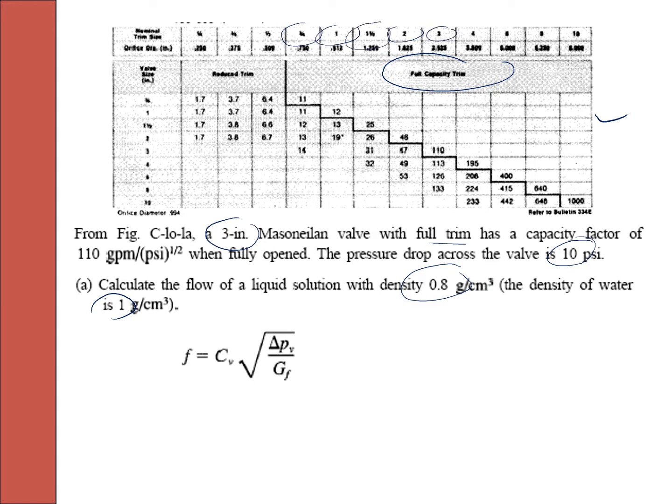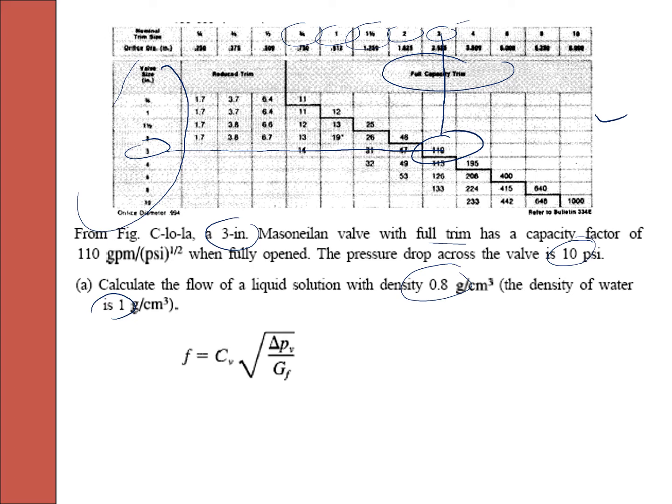So basically this is 3-inch. To get the capacity factor, we also need to look at this column, where we need to get the 3-inch valve also. After we read from the Y column and X column, we will get 110 capacity factor.